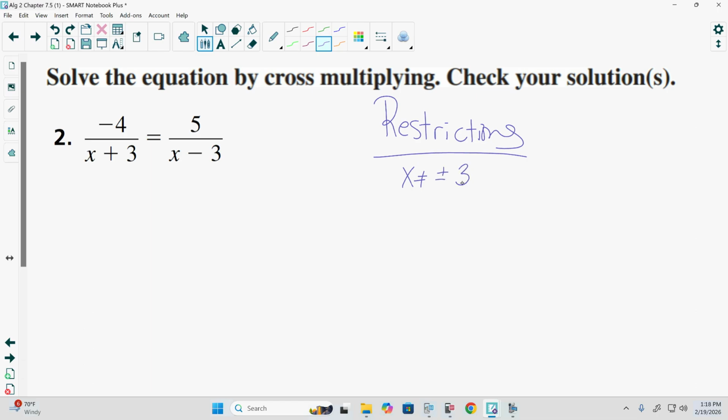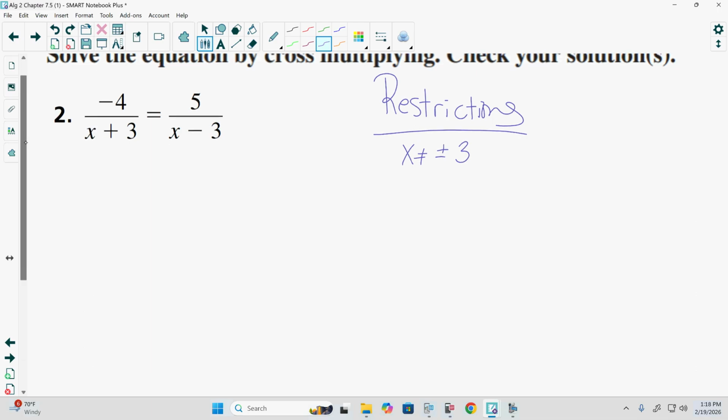And x minus 3, 3 minus 3 would be 0. But it also tells us what we need to multiply everything by. We need to multiply each of the expressions by x plus 3 and x minus 3. Because that's the least common denominator, our common factors on bottom.